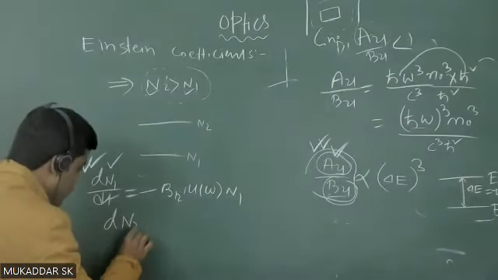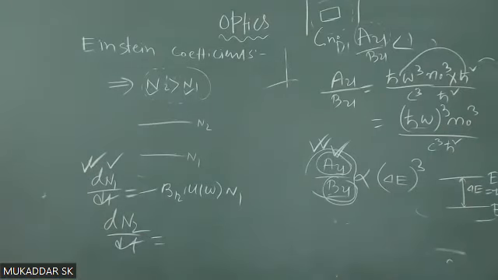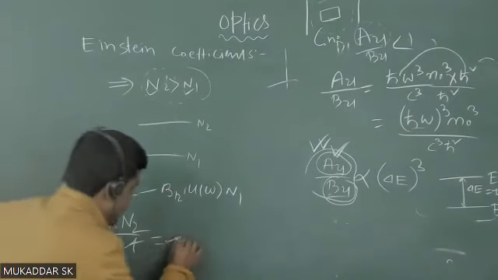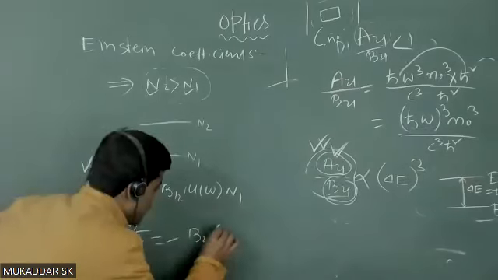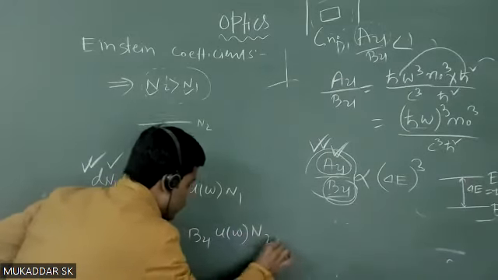And rate of stimulated emission, how much it is actually? Can you please tell me? And rate of stimulated emission, it was like minus B2 1 into U of nu और U of omega into N2.